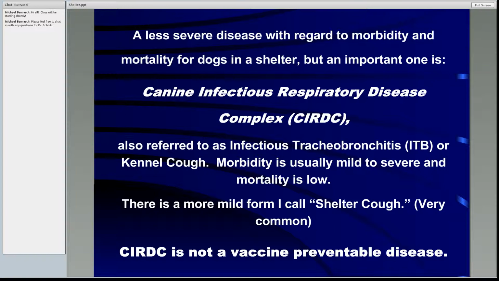There is a more mild form of infectious respiratory diseases in both dogs and cats that I often refer to as shelter cough. And it's not nearly as severe, probably some of the same agents, but not all of them causing a severe disease. And as you can see, I consider canine infectious respiratory disease complex, and I'll say the same with regard to feline, not vaccine preventable, but the vaccines really play a major role in reducing the severity of those diseases.